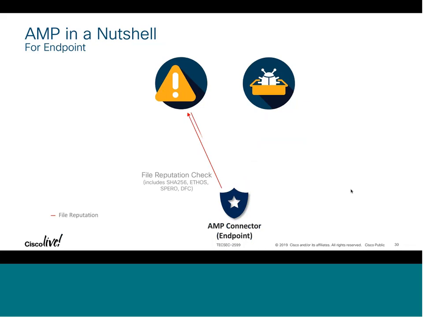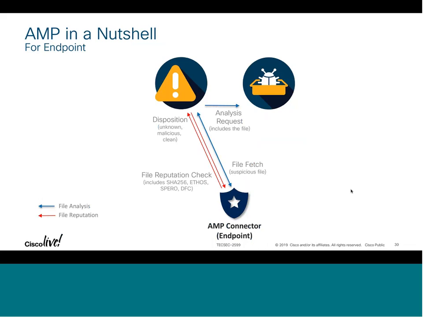AMP does a lot of work with reputation lookups. The three possibilities for disposition in AMP's world at any given point in time are good, bad, or unknown. When the AMP endpoint connector says that I need to do something with a file, say it's an unknown file that I need to send for analysis, then the cloud will send a file fetch to pull it from the endpoint into the cloud, where it can then be submitted to the threat grid piece of the ecosystem.